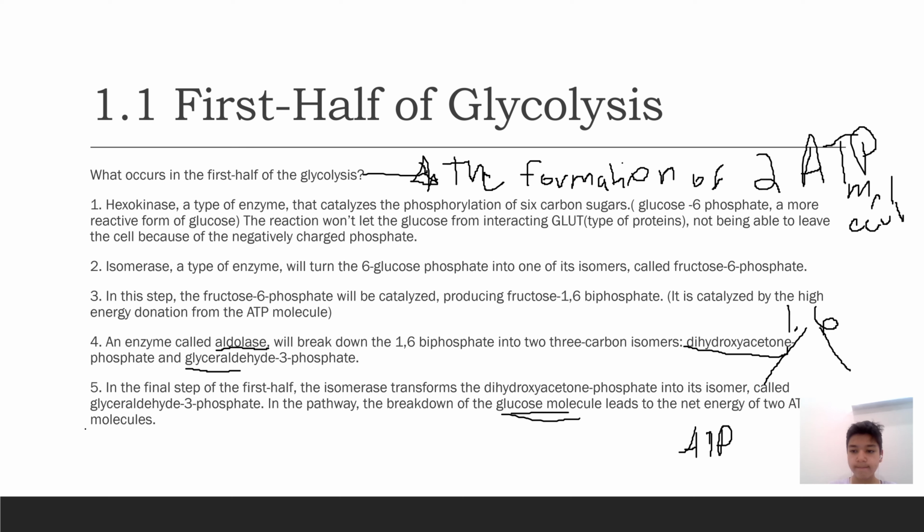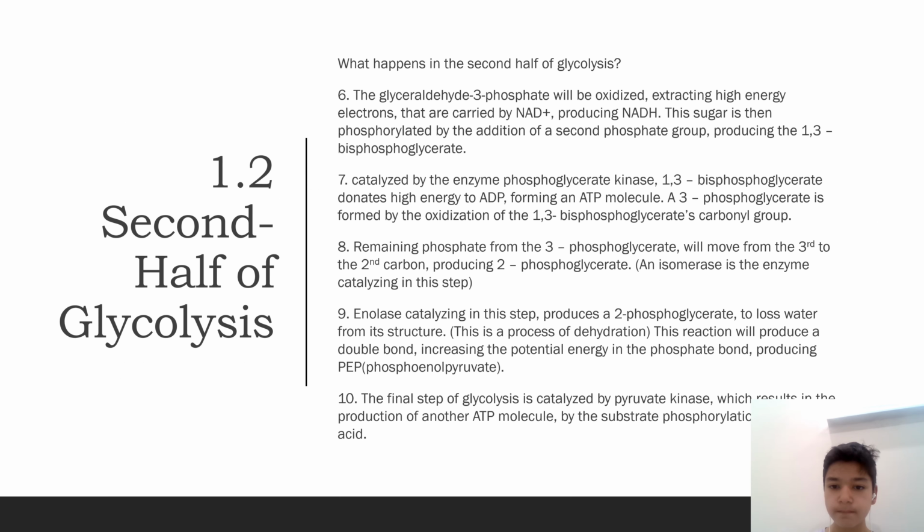So this is what mainly occurred in the first half of glycolysis. The main event that happens is the breakdown of a single glucose into two ATP molecules. So we're done with the first half of glycolysis.